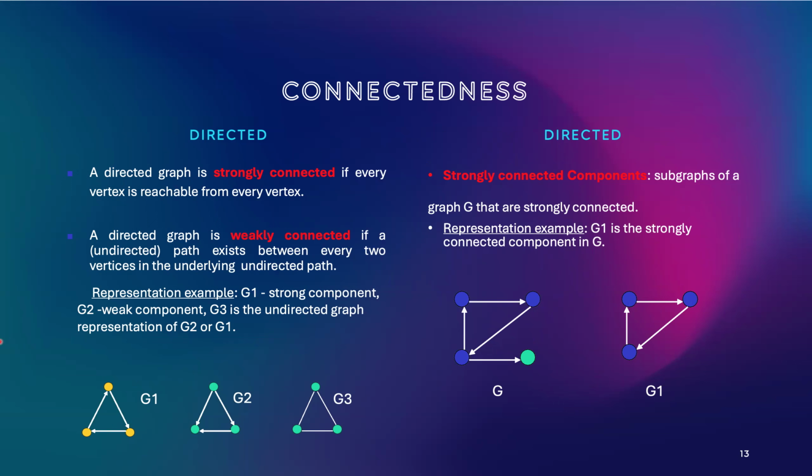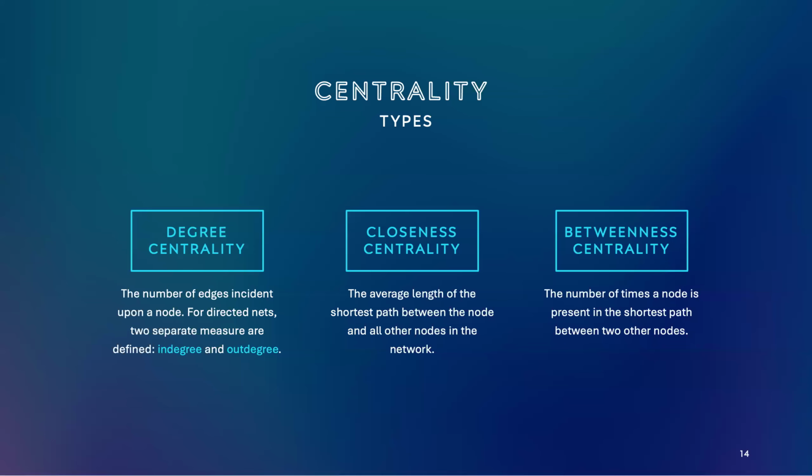And now that we looked at all these definitions and we reminded them, let's look at centrality. Centrality is a key concept in graph analytics and focuses on identifying significant nodes within a graph.